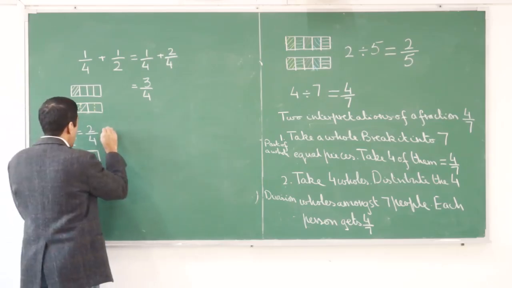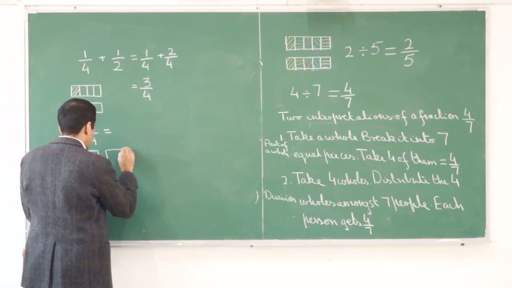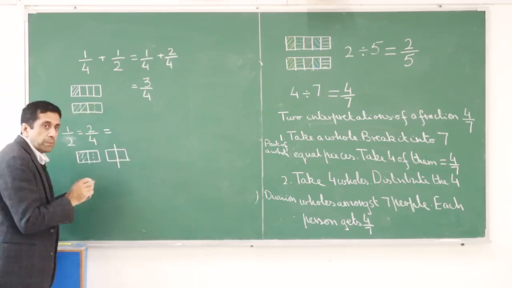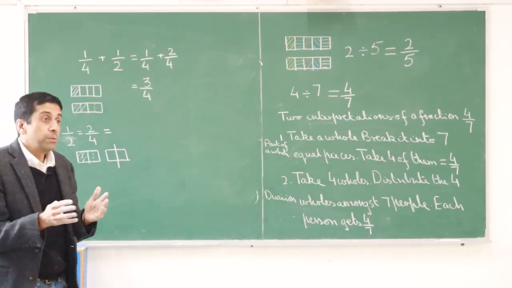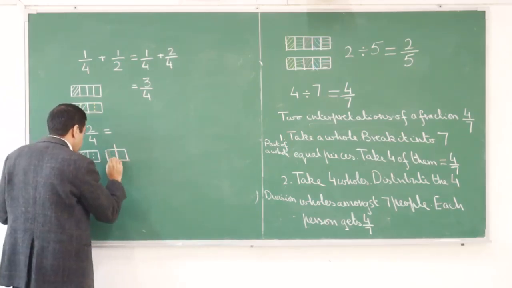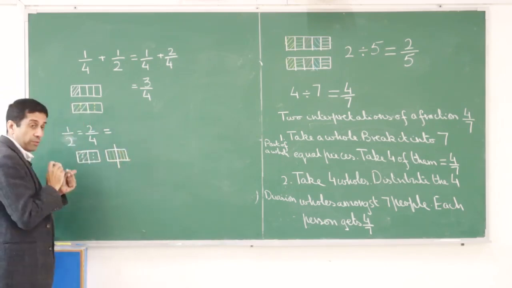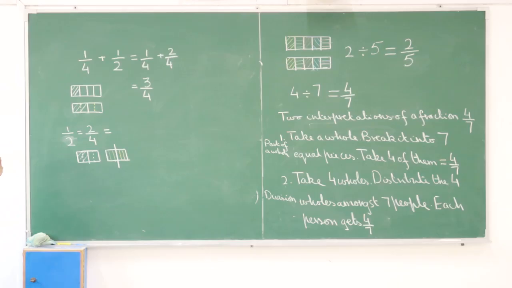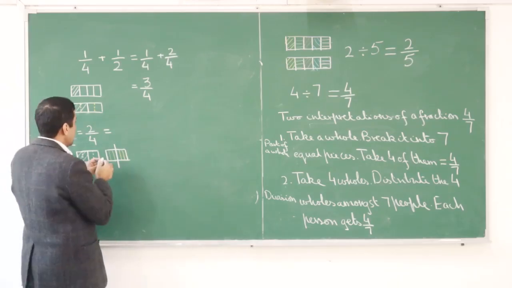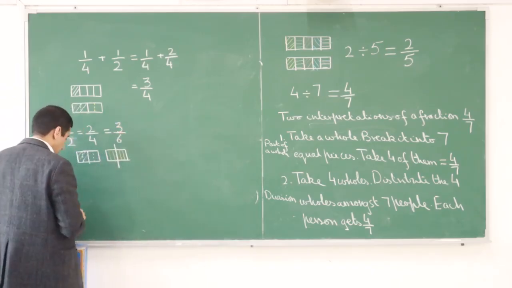But you could take the same half. So now I could take the same rectangle, and this is a half, but I can break each of the halves up into 3 equal pieces. So 1, 2, 3, 4. Now I've taken each half and broken it up into 3 equal pieces, so this is going to be the same as 3 out of 6, right?